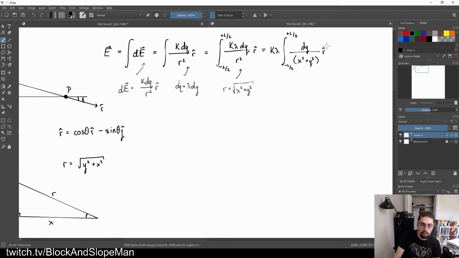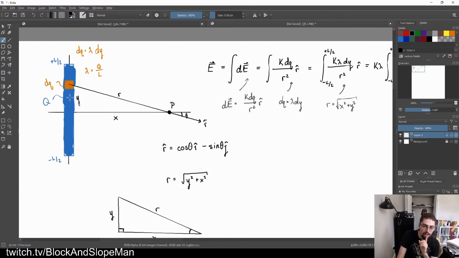Now we're in a really good spot, except r hat also changes. What if I take a more shallow height or something like that? My angle's going to get smaller. R hat's going to change direction. Well, I do remember that I already redefined r hat as cosine theta i hat minus sine of theta j hat.